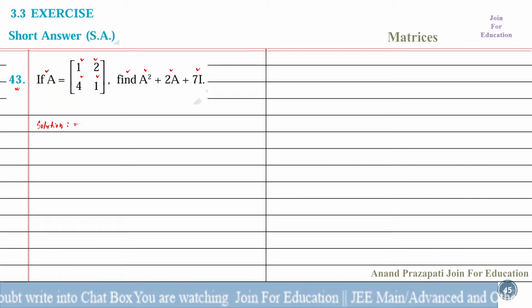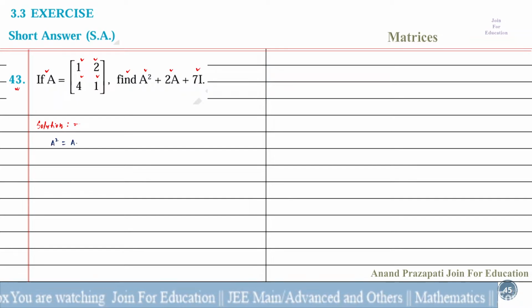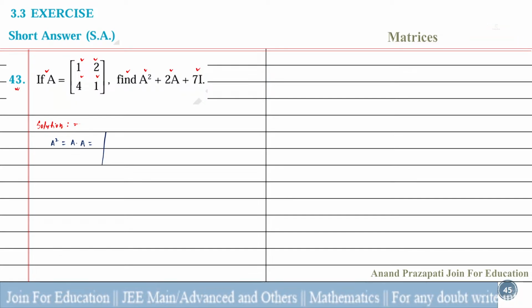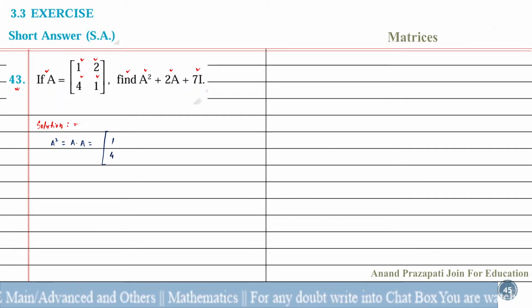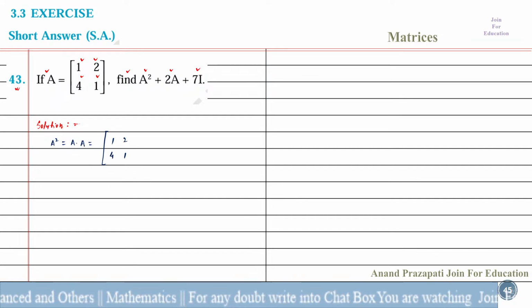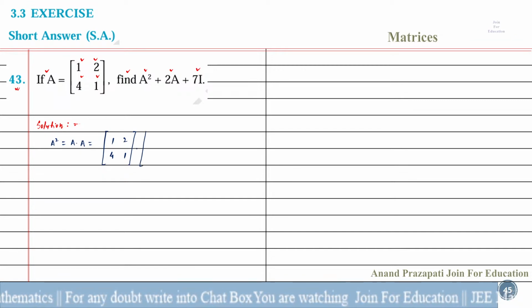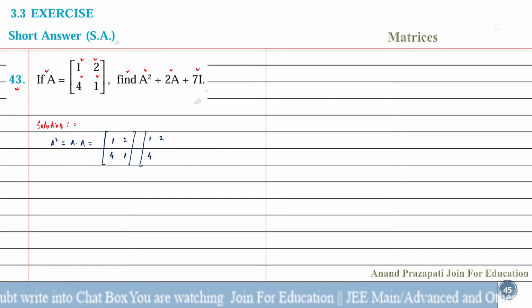A square equal to A into A equal to, we write here [1, 2; 4, 1] into [1, 2; 4, 1].